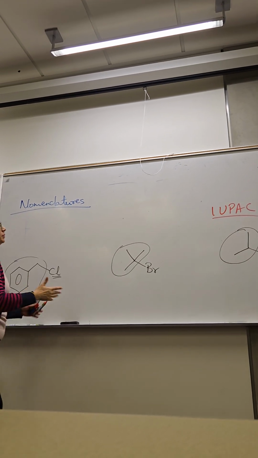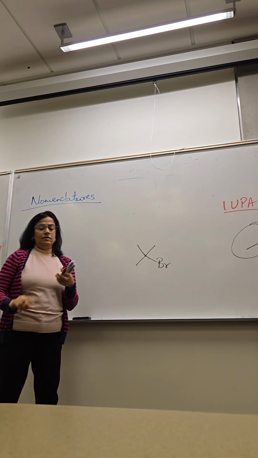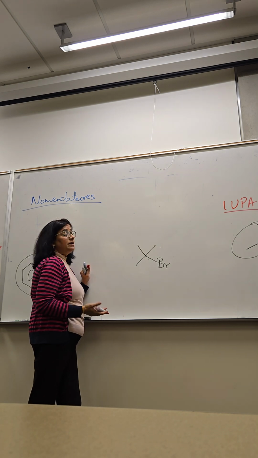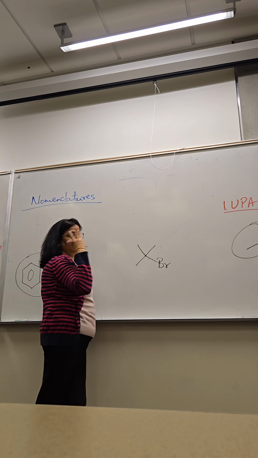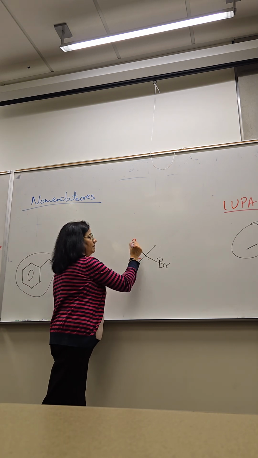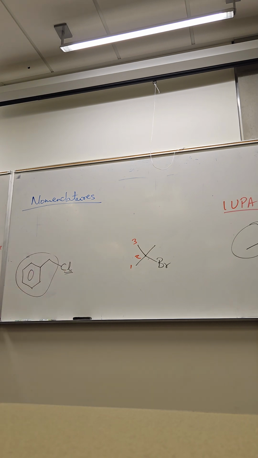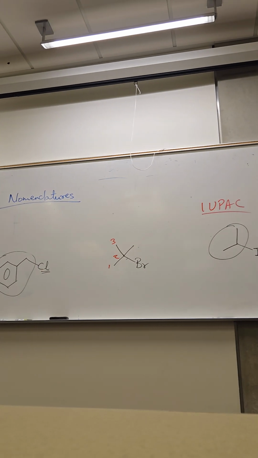Start with the parent. The parent has to be the longest continuous chain of carbon atoms. So 1, 2, 3. So what's the parent? Ethane? Propane. Propane, that's right. 2-bromo, methylpropane.